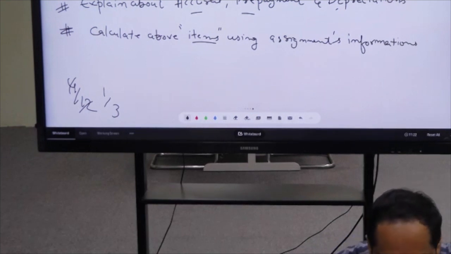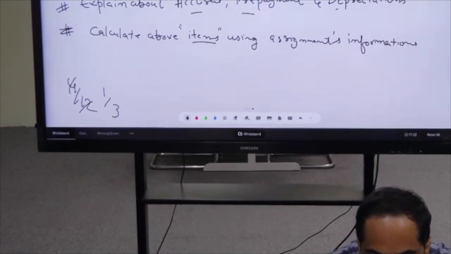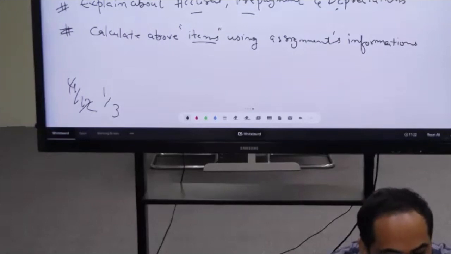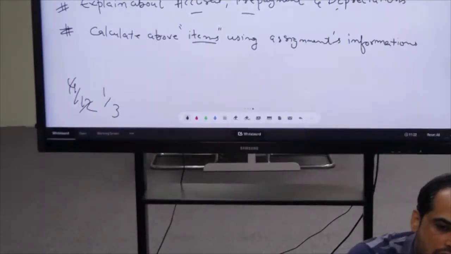Because if you look at your assignments, it says that for the March payments, it is from 7th of March to 6th of June.